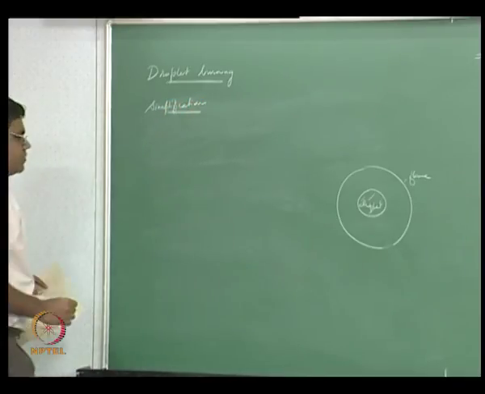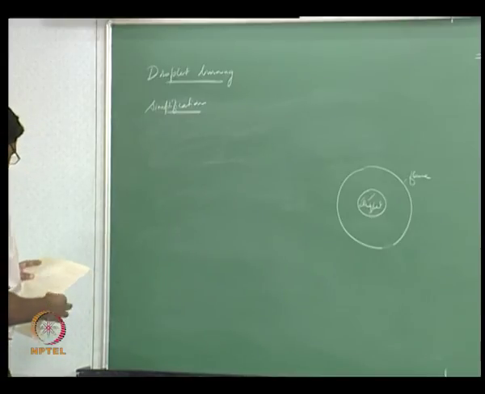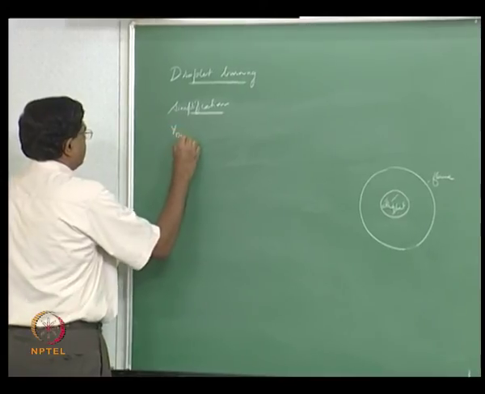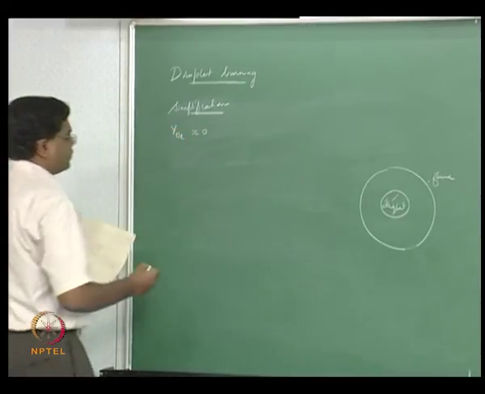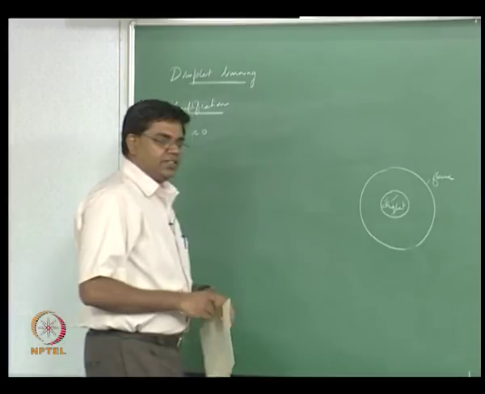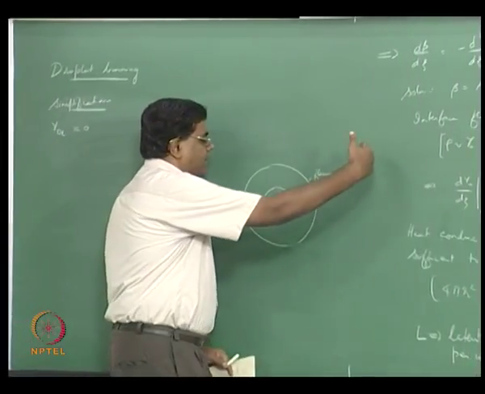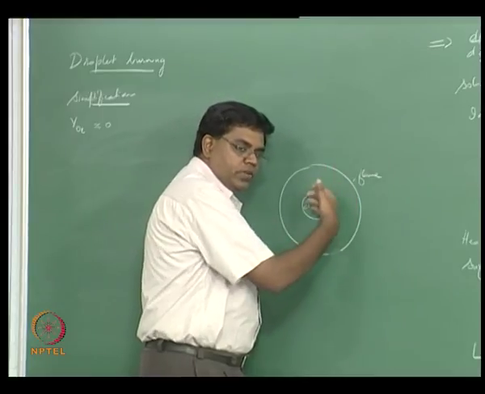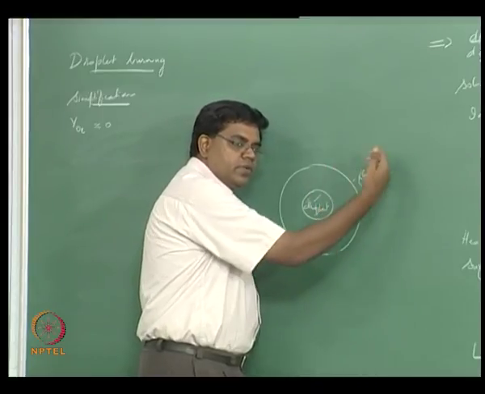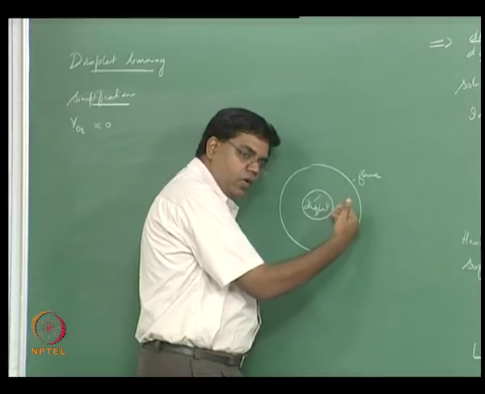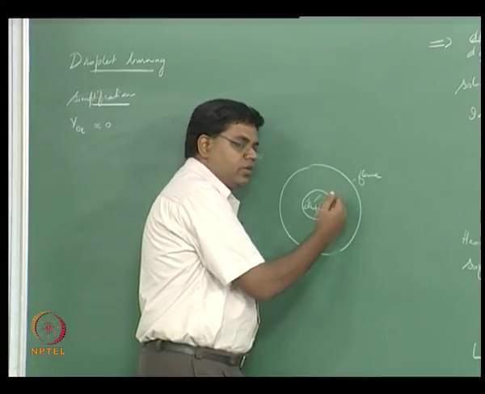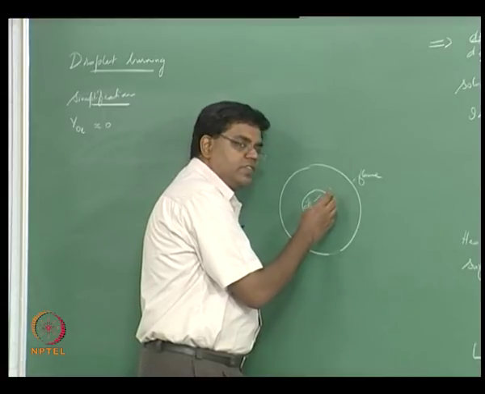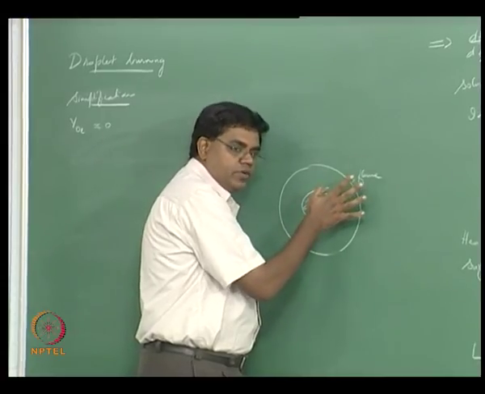So let's try to do some simplifications here. The first thing that we will say is Y_OL is approximately equal to 0. That means we are saying that the oxidizer, as it diffuses all the way to the droplet surface, is pretty much of zero concentration, or put it another way, all the species that you have at the droplet surface is going to be mainly fuel vapor.